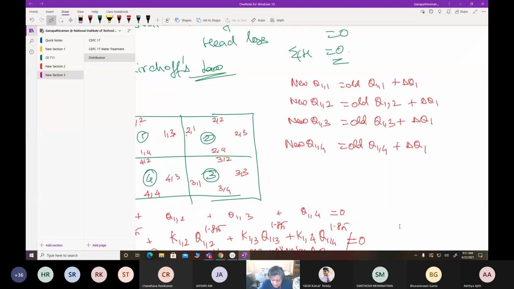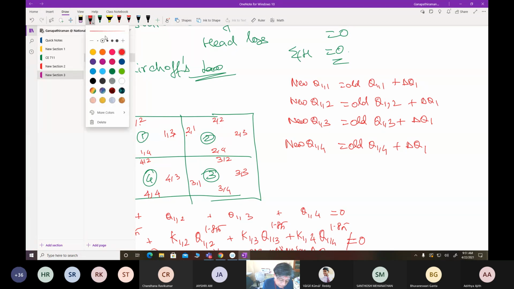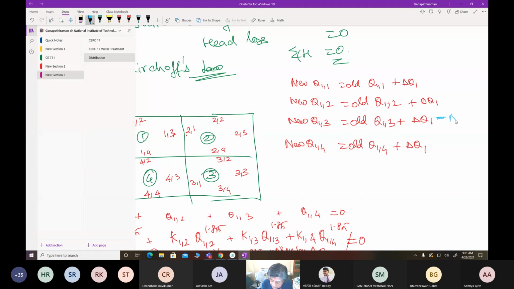It is in common with loop 2. So what you have to do is minus delta Q2 minus delta Q4. You understand? So new Qij equal to old Qij plus delta Qi.